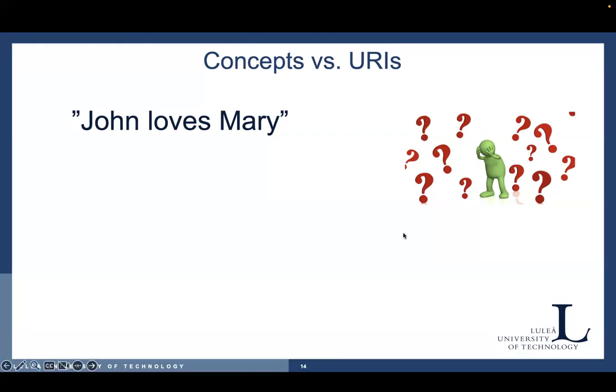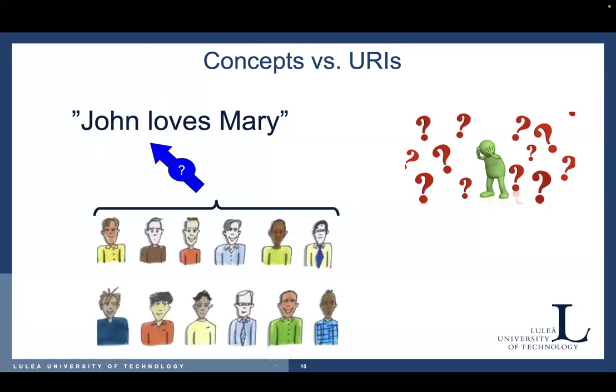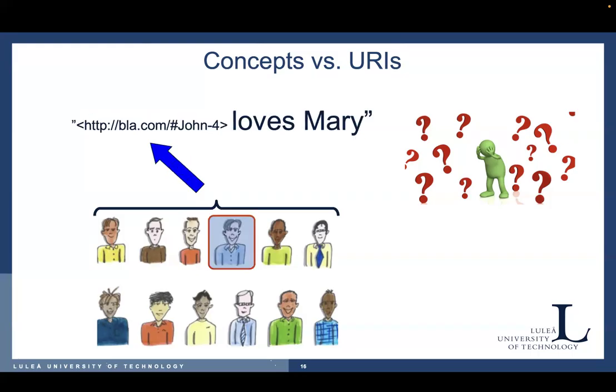So if we want to represent this statement with the subject John, predicate or property loves, and object Mary, obviously we might have different instances of John, so we need to give it a name. And this is done with a URI to point into a specific individual.